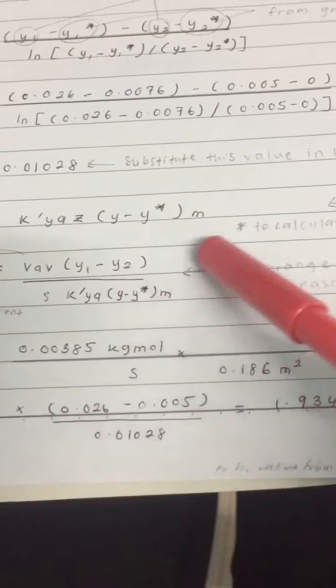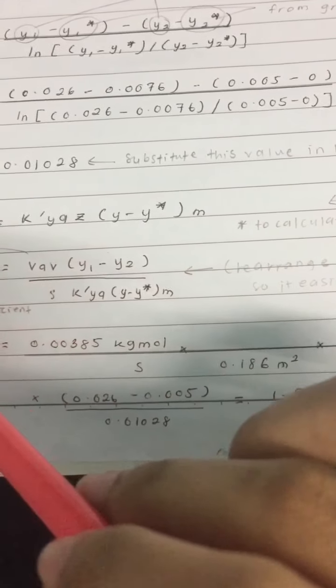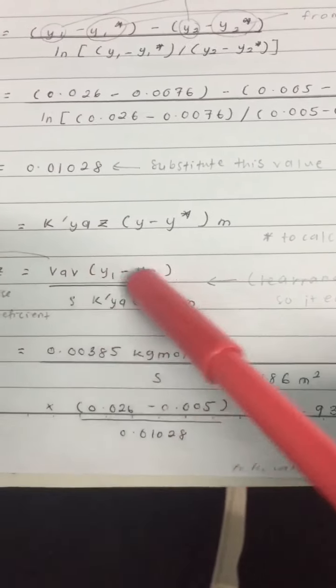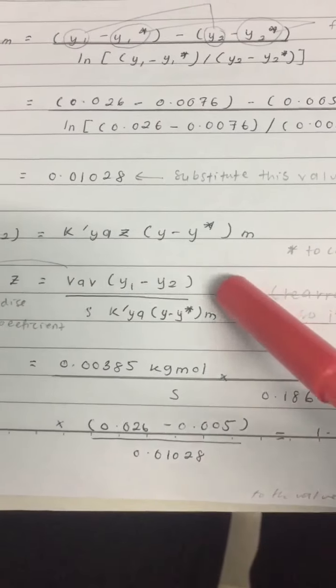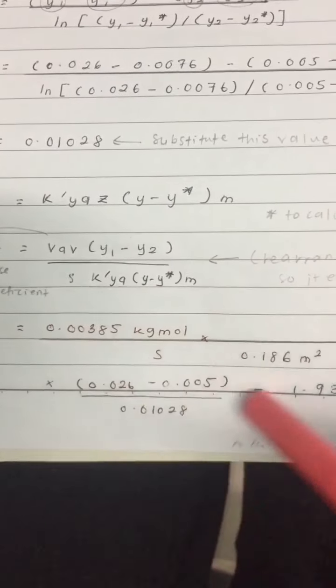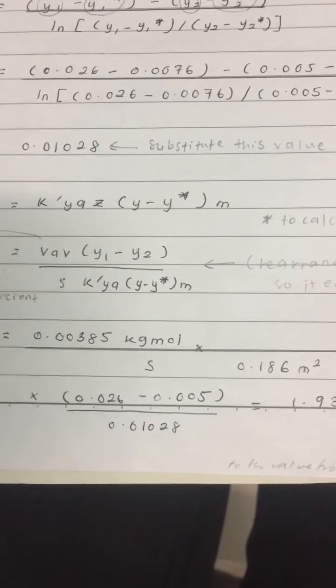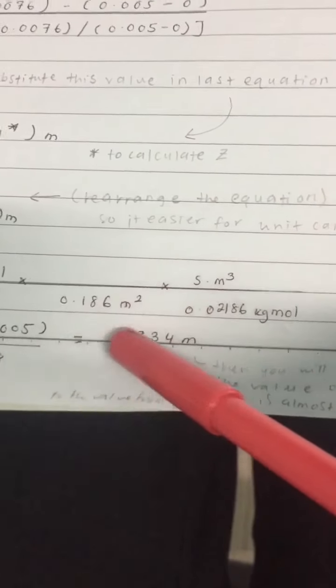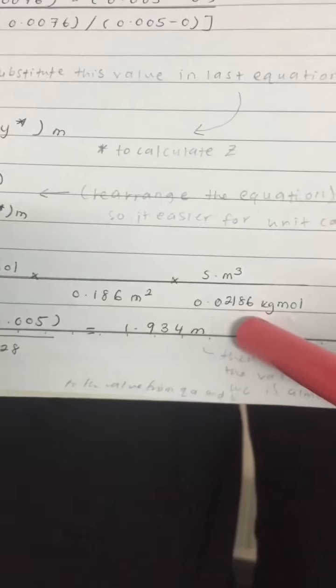To calculate z, make sure that VAV is standardized with the mass coefficient. Again we rearrange the equation for easier unit cancellation, and we finally get the final answer, 1.934 meter.